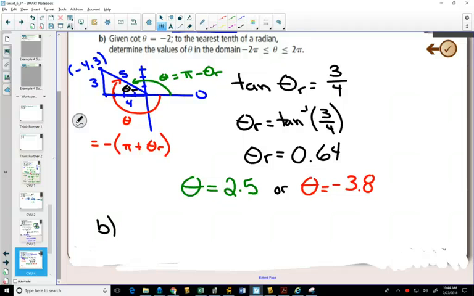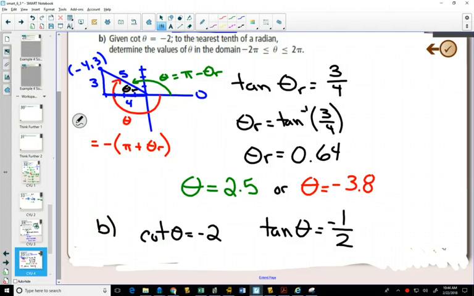So if cotangent of theta equals negative 2, that means that tangent of theta is negative 1 over 2. So when dealing with reciprocal functions, we can take the ratio or the answer and do the reciprocal of that.